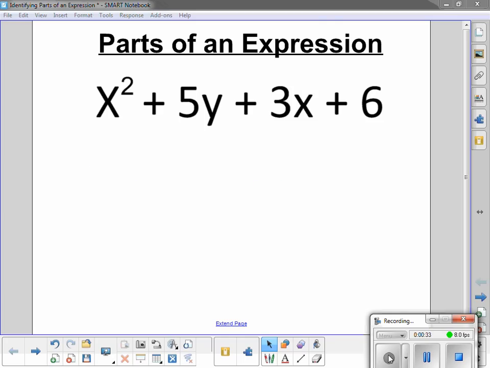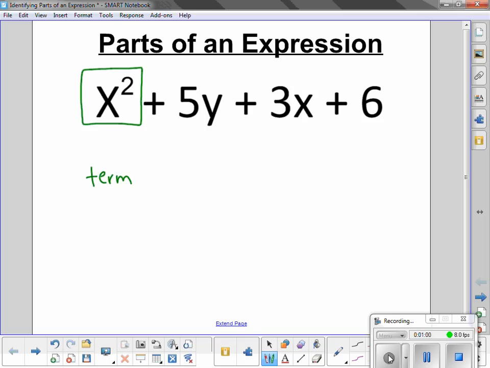The next thing that we're going to look at are the different parts, the different larger sections. Basically, we're going to look at this expression, and anytime we see an addition or subtraction sign, we're going to use that as sort of a divider. For example, this first part, x squared, is called a term.